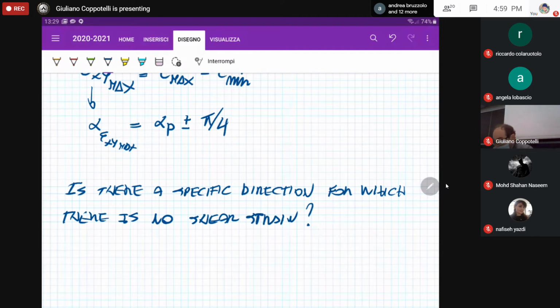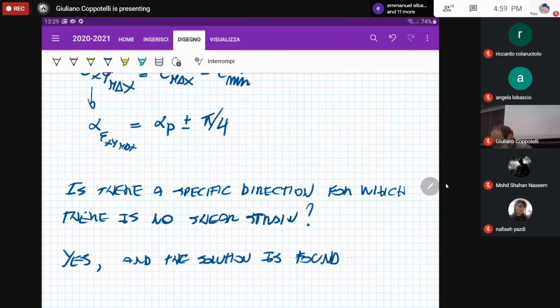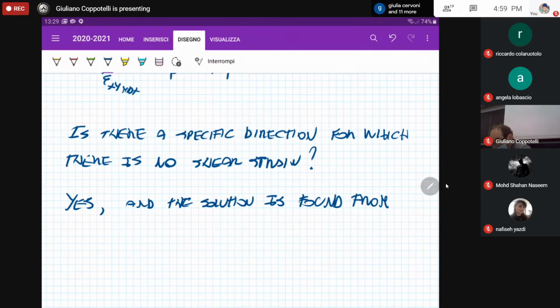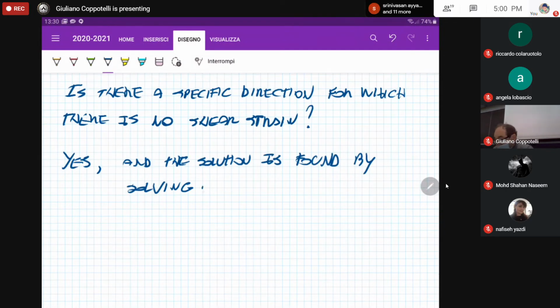The answer is yes, of course. And the solution is found by solving this problem. Let's take into account the strain tensor.